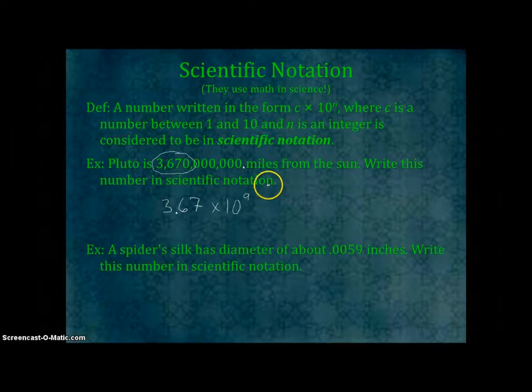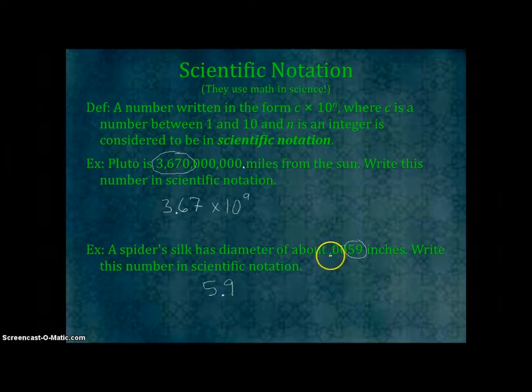Let's try a slightly different example. Here, a spider silk has a diameter of about 59 ten-thousandths of an inch. Write this number in scientific notation. So again, my important numbers I'll circle are 5 and 9. In order to make this a number between 1 and 10, I need a decimal point there.